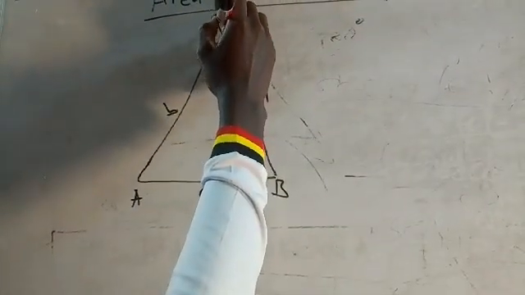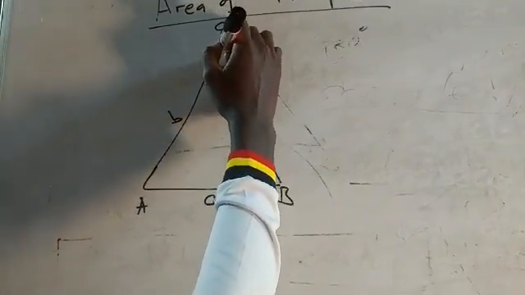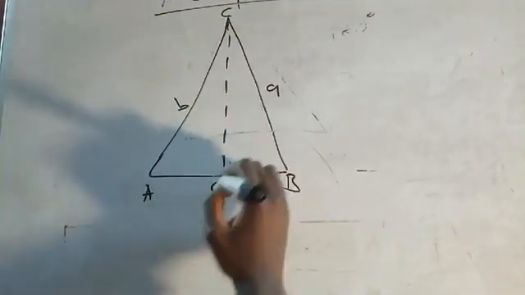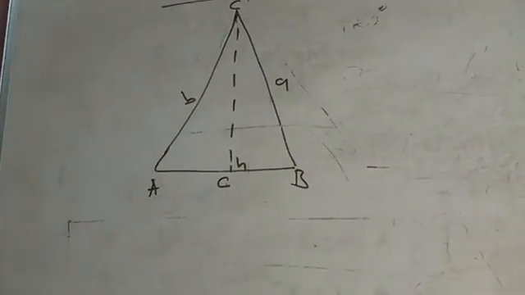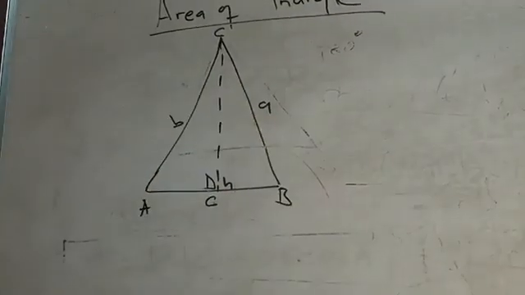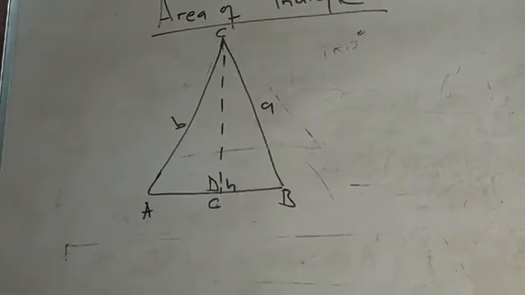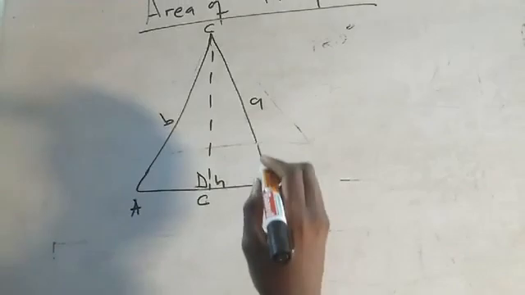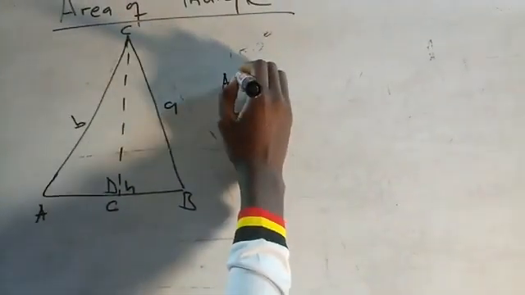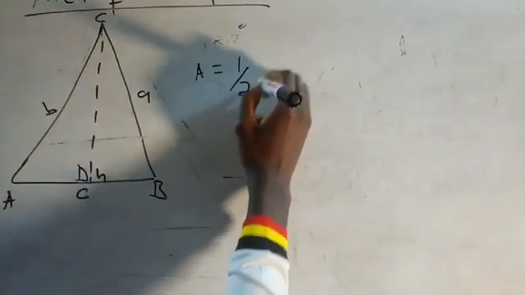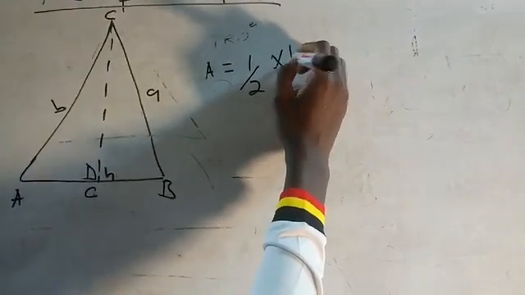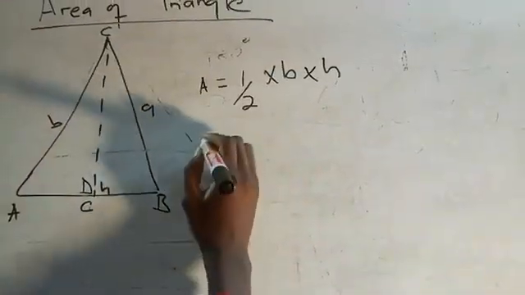We have our height as h, and it meets the base at point D. From our primary knowledge, the area of a triangle is a half times base times height.